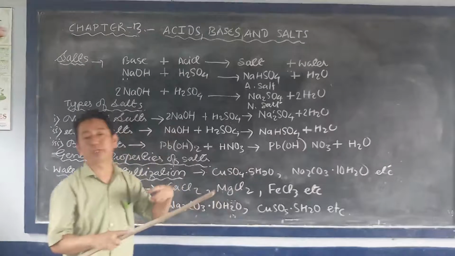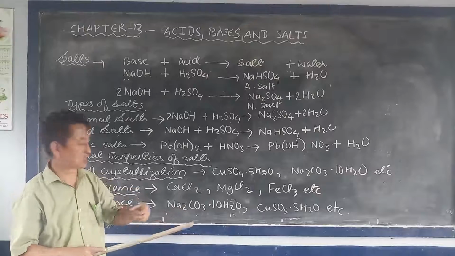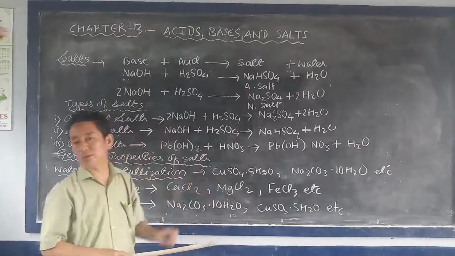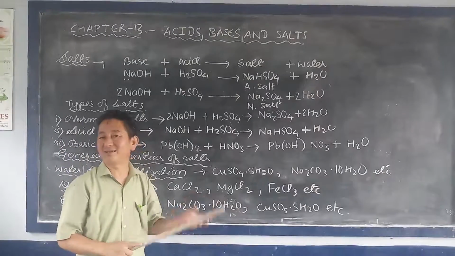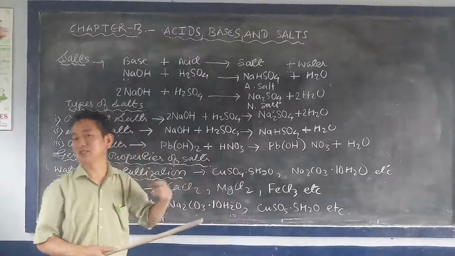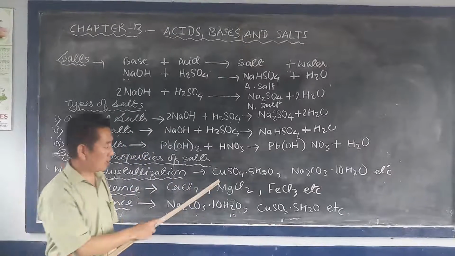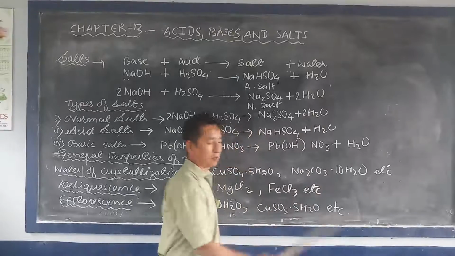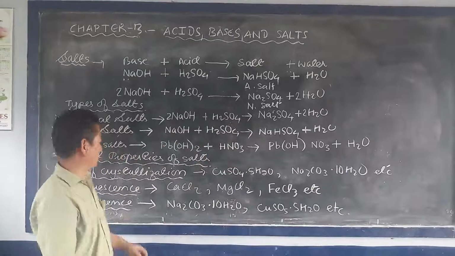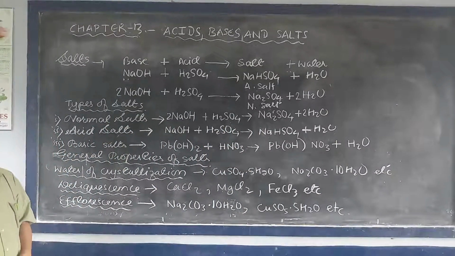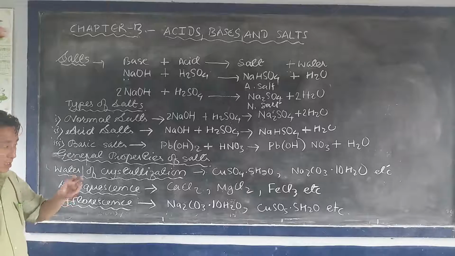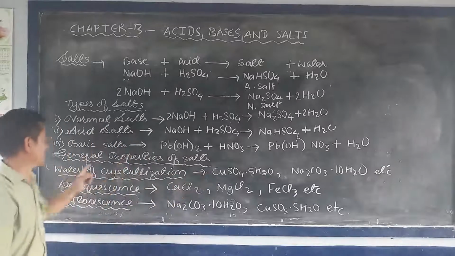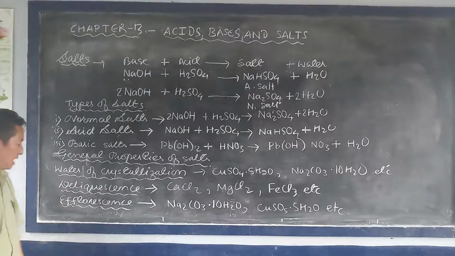Once you remove this water of crystallization, this copper sulfate loses its color as well as shape. Hydrated copper sulfate and hydrated sodium carbonate, etc., are examples of compounds which have water of crystallization.